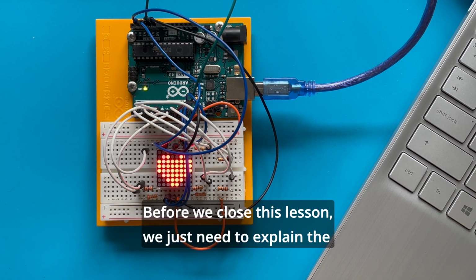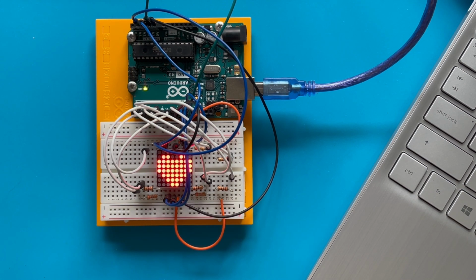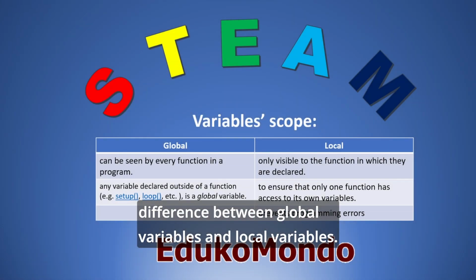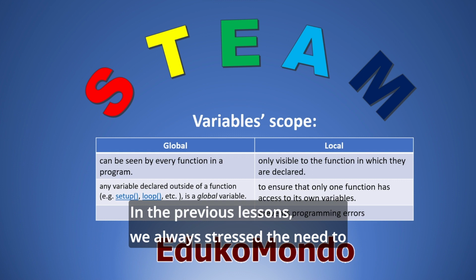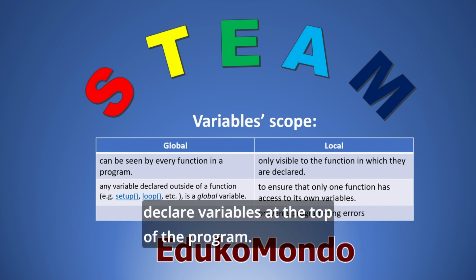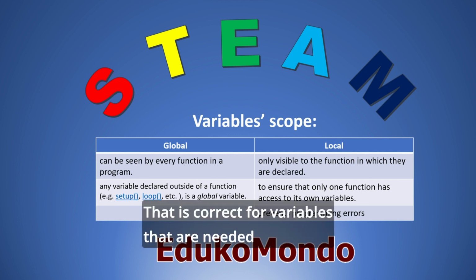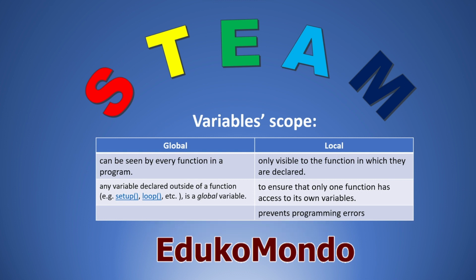Before we close this lesson, we just need to explain the difference between global variables and local variables. In the previous lessons, we always stressed the need to declare variables at the top of the program. That is correct for variables that are needed throughout the program.